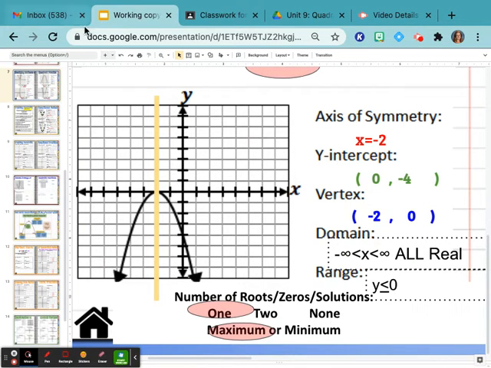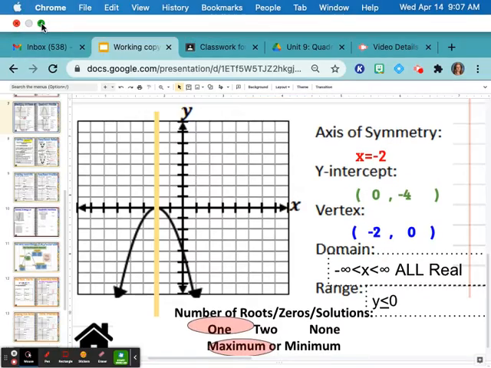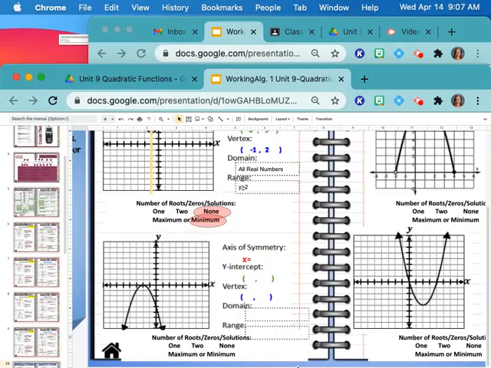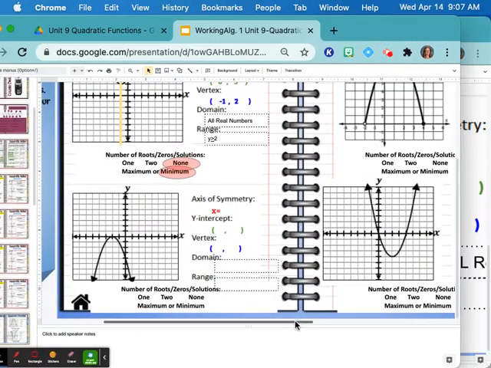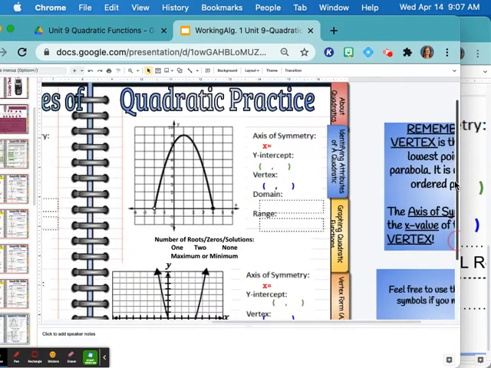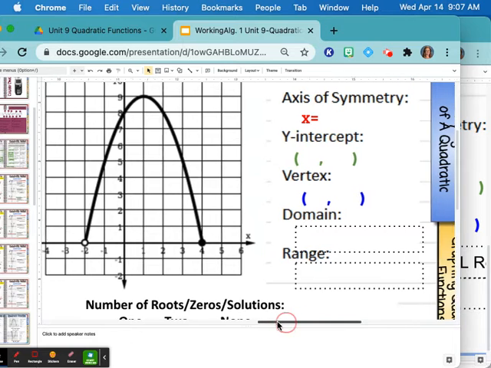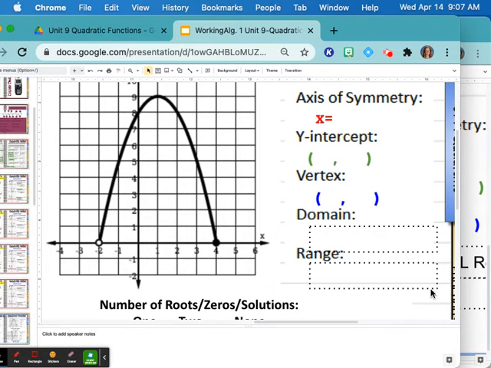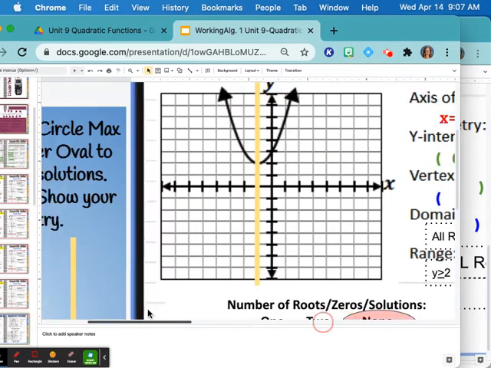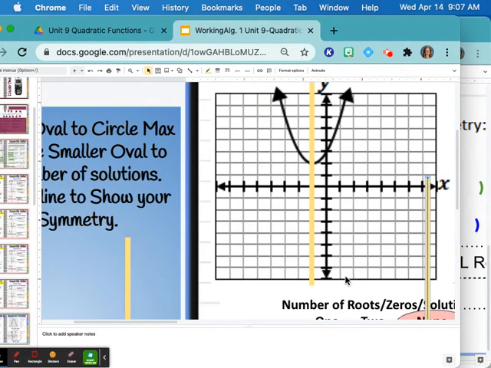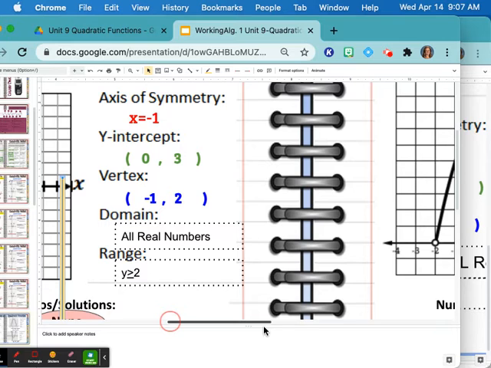Okay, I want you to go to the next example. Let's see this one. Zoom in. Okay, axis of symmetry. We need a line to go down the middle. So I need to grab a line, bring it over.